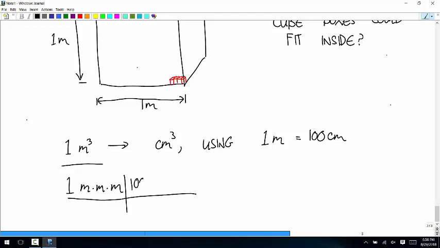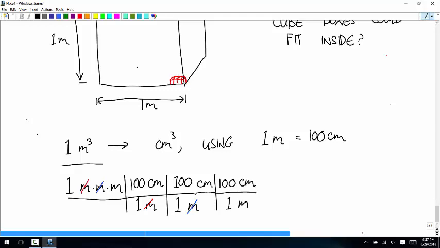So we'll go 100 centimeter over 1 meter. That cancels one of these. So you can see we'll have to do that 2 more times. 100 centimeters over 1 meter. Cancels another one. And then one more time, 100 centimeters over 1 meter.